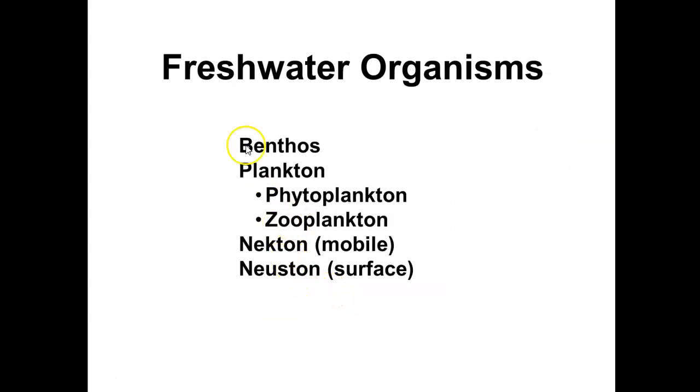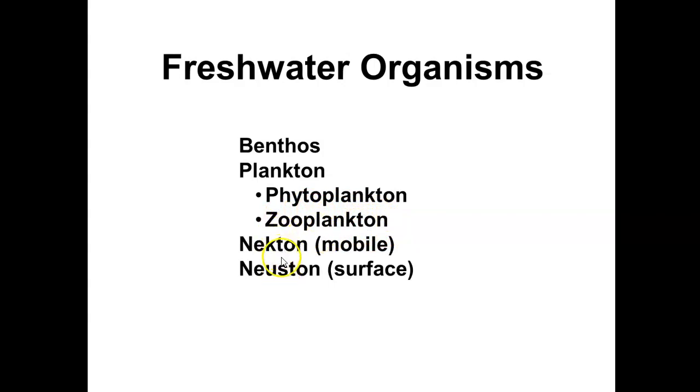Some terminology. Benthos are organisms that live at the bottom of the ocean. Plankton are things that float around in the ocean, or this is lakes now, sorry, things that float around in those bodies of water. Phyto is going to be plants, so photosynthetic organisms, and zooplankton are things that typically eat the phytoplankton but can't swim against the current, so they're just kind of floating around, and ocean currents or lake currents determine where they are.